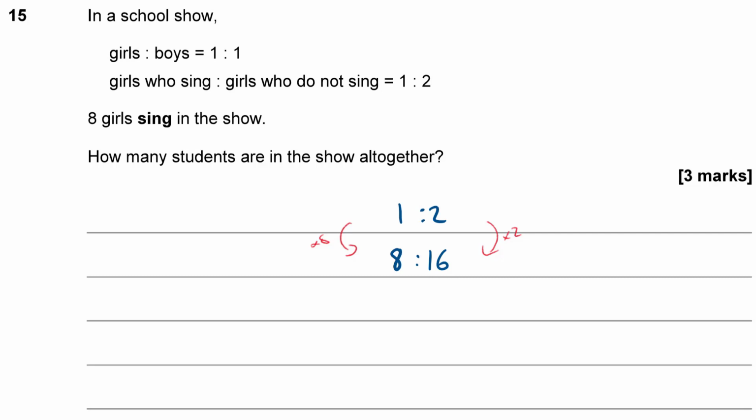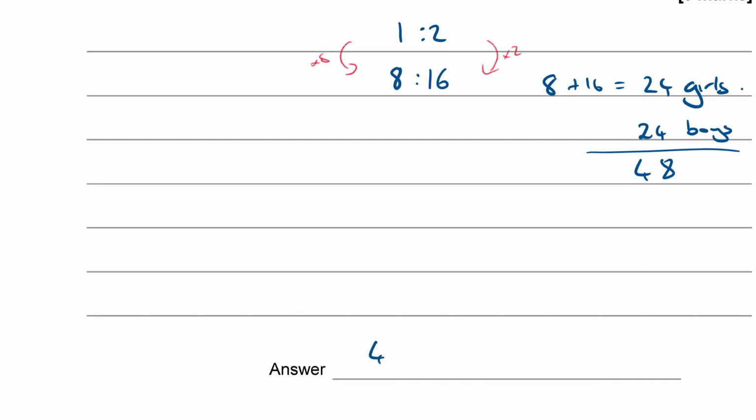So how many girls is that altogether? 8 plus 16 gives me 24 girls. Now the ratio of girls to boys was 1 to 1, so there's also 24 boys. So then the total in the show is going to be the number of girls plus the number of boys, which is 48. So there are 48 students in this show.